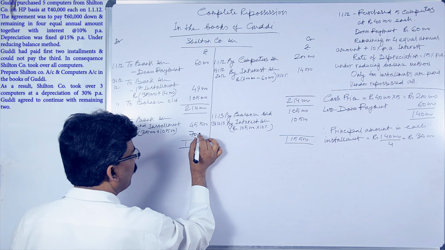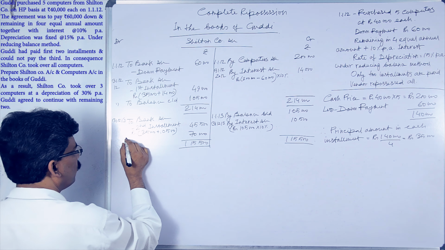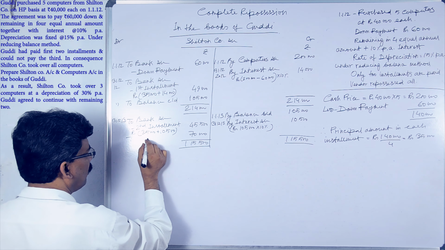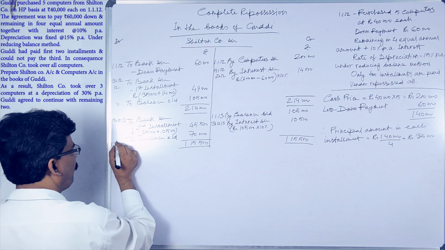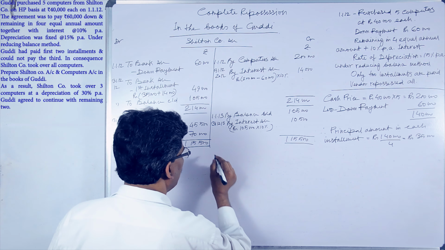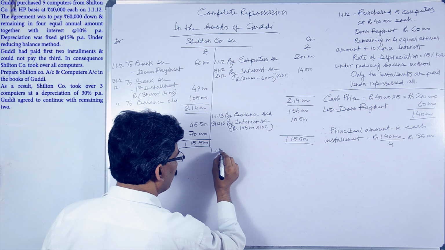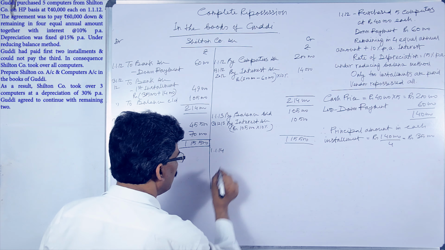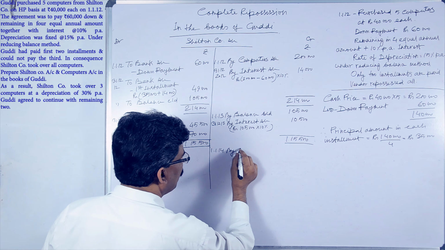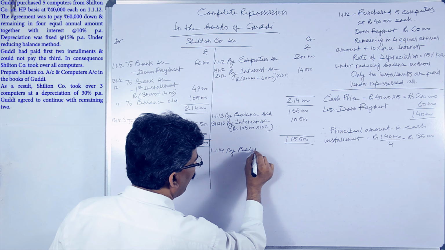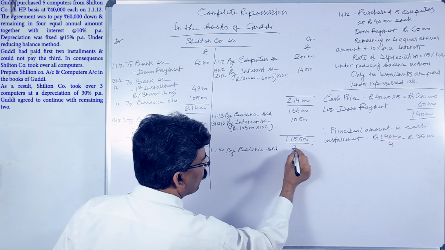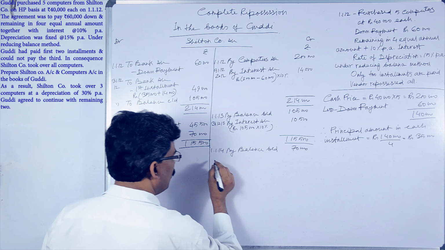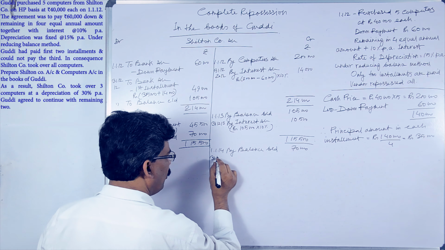And then we are getting a balance of rupees 70,000, that is to write as to balance C/D. To balance C/D is to be taken as opening balance on 1/1/2014 by balance B/D, that is equal to 70,000. 31/12/2014.